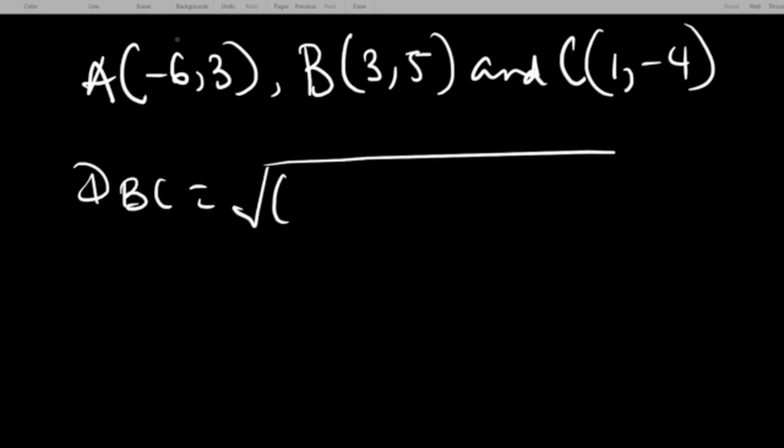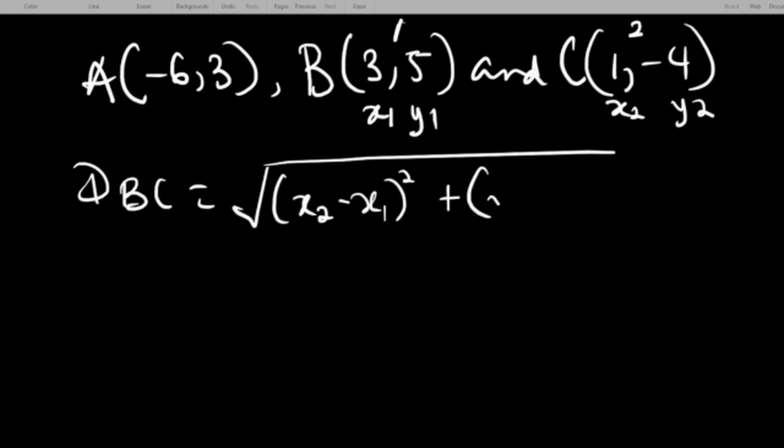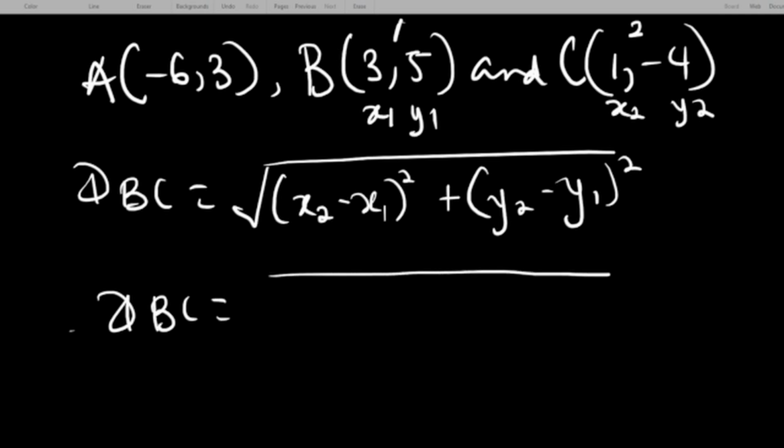So the B is now our 1, and C is now our 2. We say x1, y1, x2, y2. So the formula remains x2 minus x1 all squared plus y2 minus y1 all squared. So distance BC equals, let's plug in and start solving.